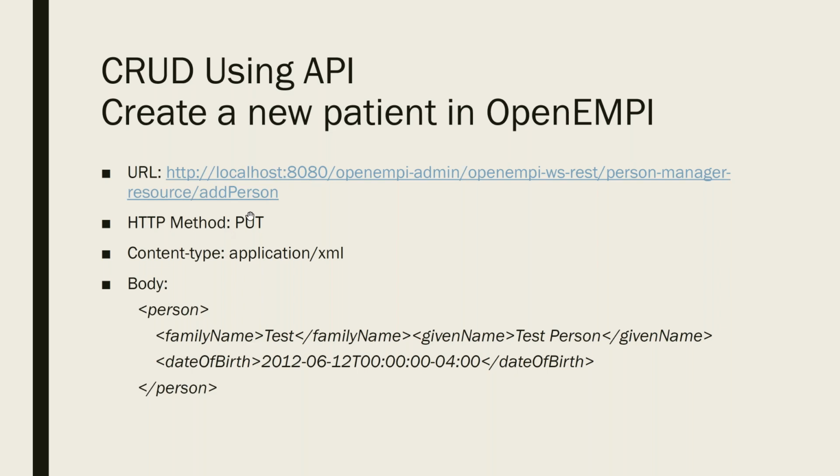The HTTP method would be a PUT, and the content type is application/XML. You can also use JSON here, but for simplification of the presentation, I gave you an XML version of the body. So this is creating a new patient in OpenEMPI.